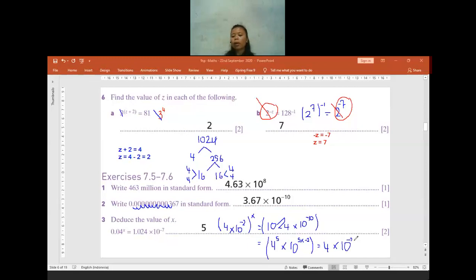So now I can make it as 4 times 10 to the power of negative 2 only in the bracket to the power of 5. So now the base is already the same. I can directly focus on the power. The power in here is x, and then another power in here is 5. So from here I can see that x is equal to 5.